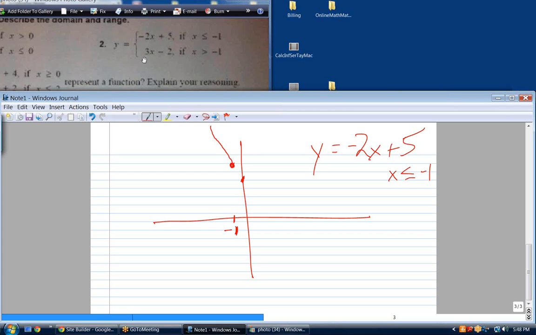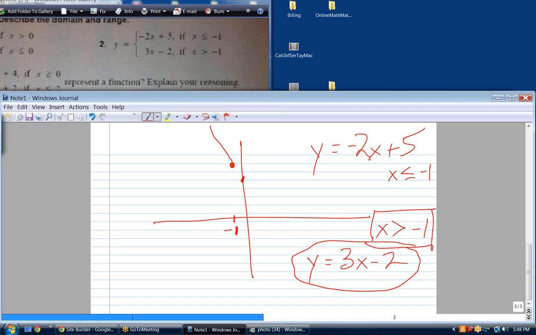So let's look at the second part of that function. The second part says that whenever x is greater than -1, the function is not the same anymore. Now it's still a straight line, but it's this straight line. Okay, so first of all, let's plot that without this condition.